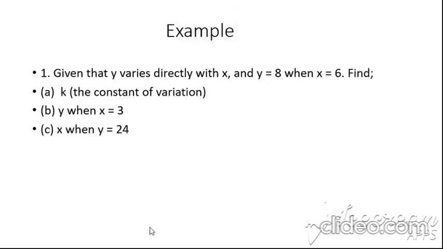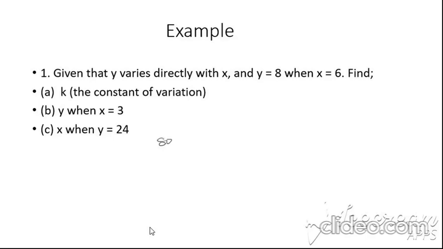Let's do an example so that you can understand this fully. Given that y varies directly with x and y is equal to 8 when x is equal to 6, find k, the constant of variation.